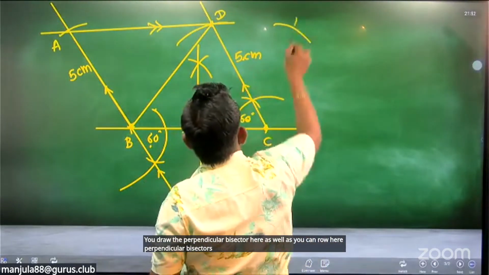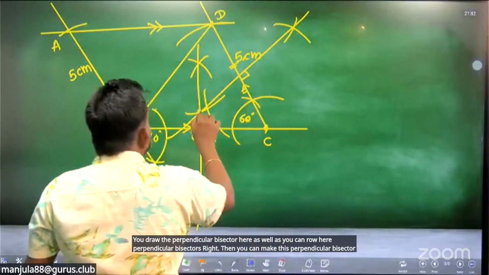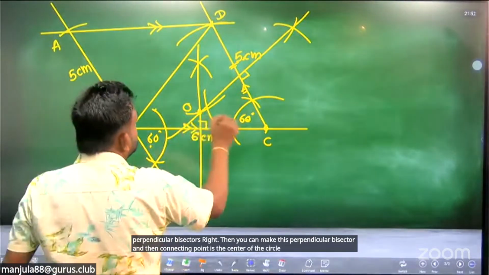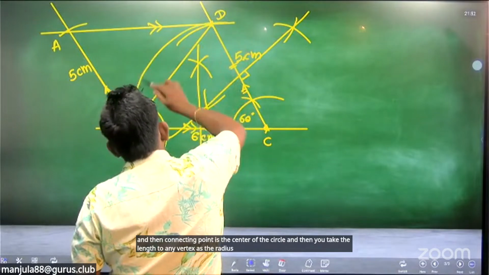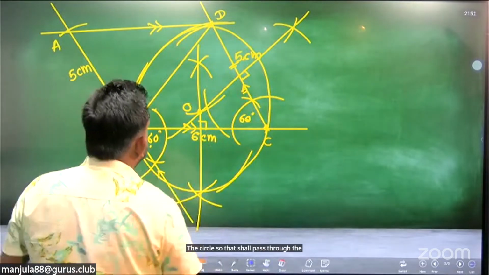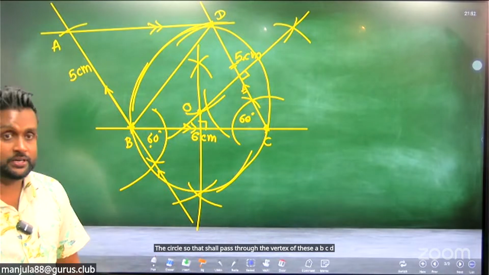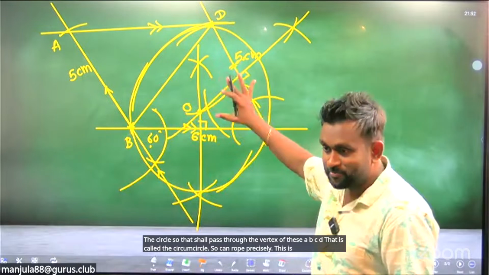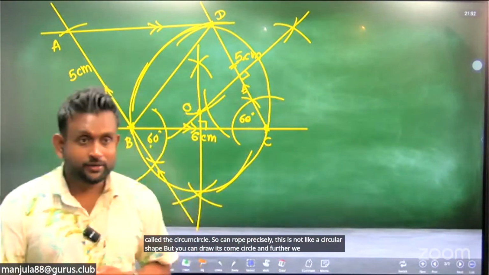Right, then you can make this perpendicular bisector and then the connecting point is the center of the circle, and then you take the length to any vertex as the radius, and then you have to draw the circle so that it shall pass through the vertices A, B, C, D. That is called the circumcircle. So you can draw it precisely. This is not like a circular shape, but you can draw the circumcircle, and further we will learn that one in grade 11.